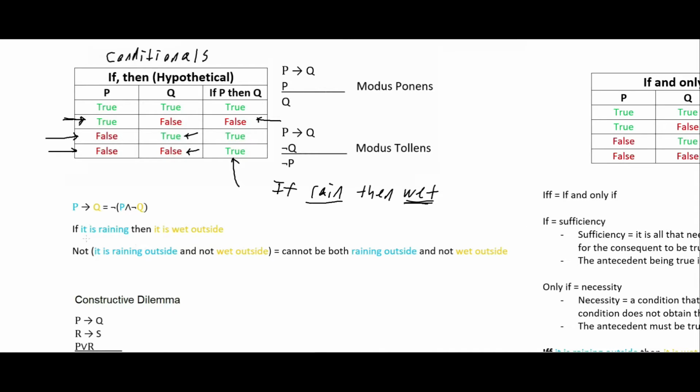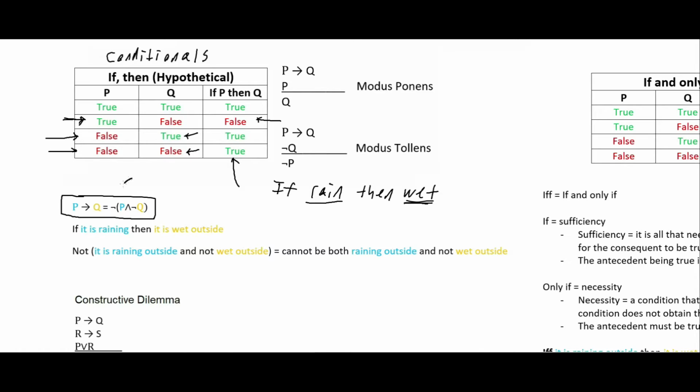All right, another thing I wanted to point out: a lot of times you'll see this here, where if P then Q is equal to not P or Q. In logic, a lot of logicians like to keep things as simple as possible, so there's always this way of trying to get things down to as few different kinds of operators as possible.